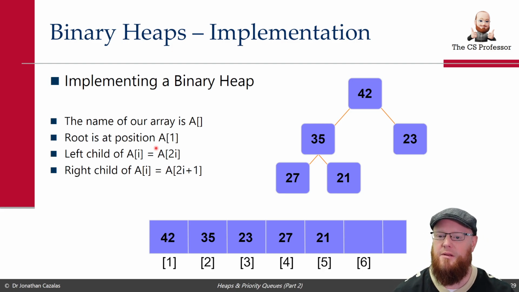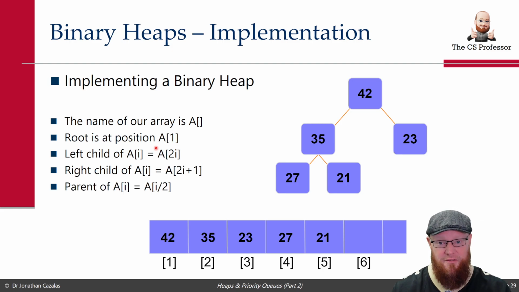What about the parent? The parent of a given index will be found using integer division at index I divided by 2. So where is the parent of 27? We'll take 27's index, which is 4, divide it by 2. 4 divided by 2 is 2, and sure enough, that's where the 35 is. What about the 21? 21's parent is also 35.